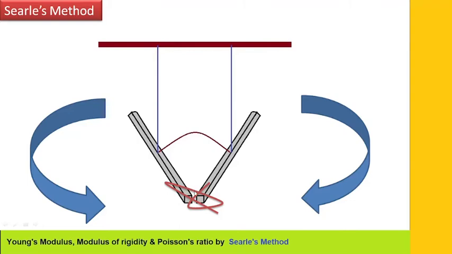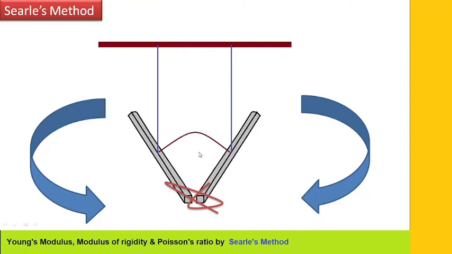When this thread is taken off, cut, or burnt, by any means removed, both the ends are now free to oscillate, free to move horizontally, because the potential energy is released and converted into kinetic energy.